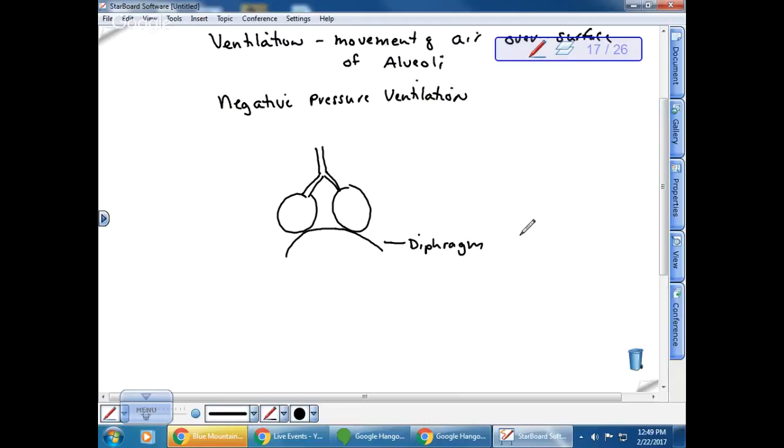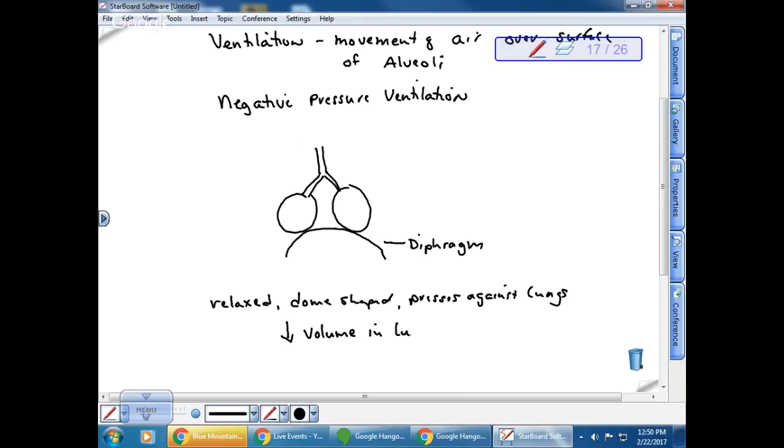When we look at the diaphragm, its orientation is really important because it affects the volume and the pressure of air in the lungs. When it is relaxed, it is dome-shaped and presses against the lungs. Pressing against the lungs, it decreases volume in the lungs, and this increases the pressure.